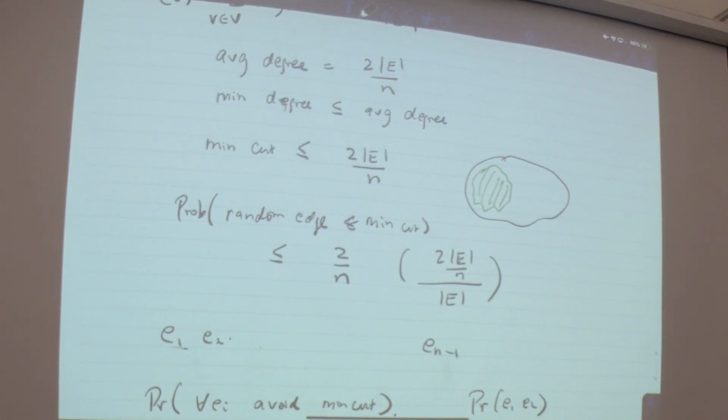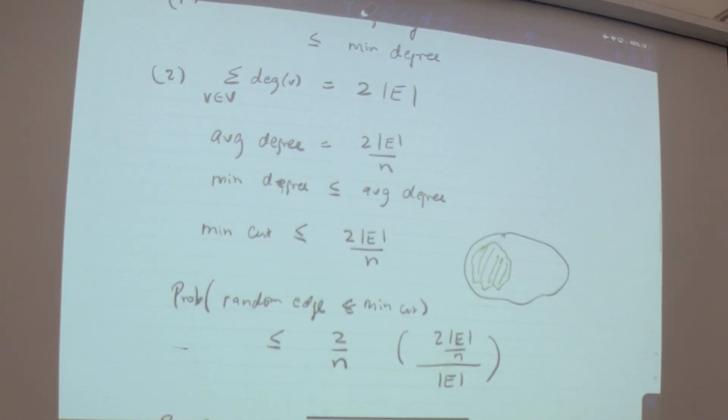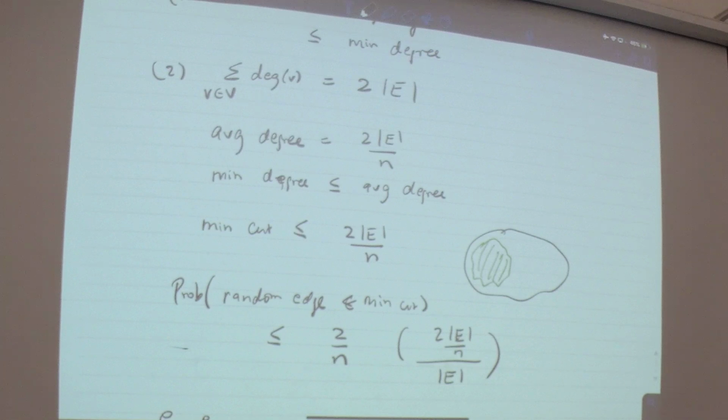It doesn't matter. Because think about this, how did I prove this property? All I said was the sum of the degrees is twice e. That's still true, even if you have multiple things going back and forth, because the degree counts all that stuff. If I have two vertices and 10 edges between them, the degree of this vertex is 10. The degree of that vertex is 10. So 10 plus 10 is 20, which is 2 times 10.